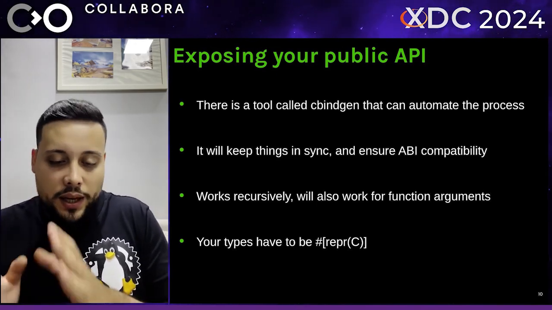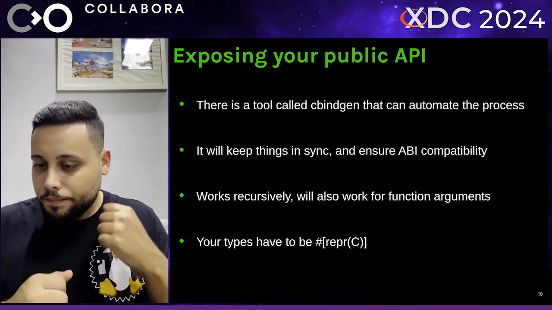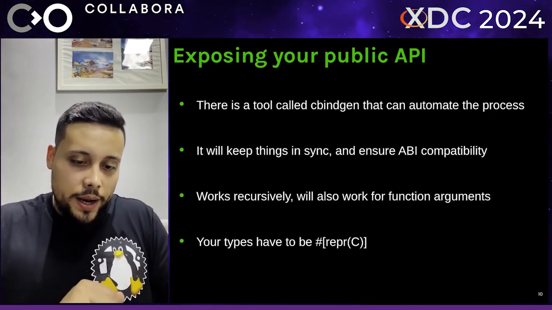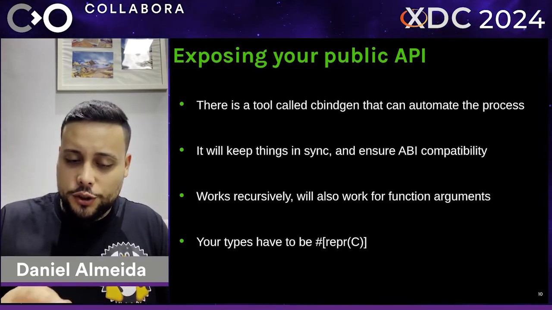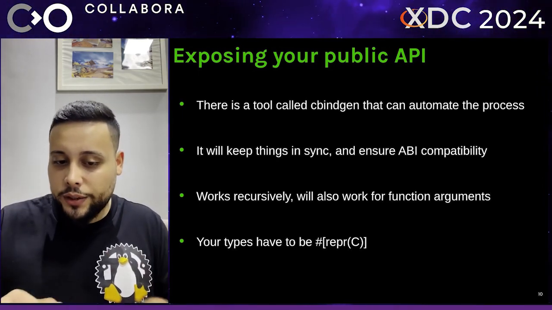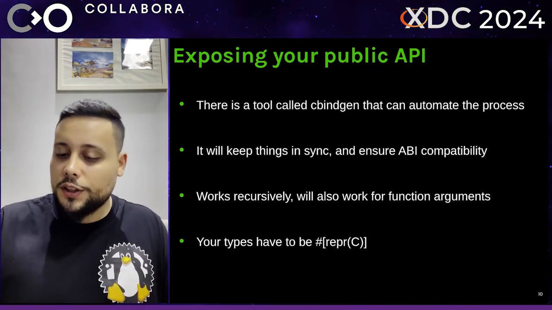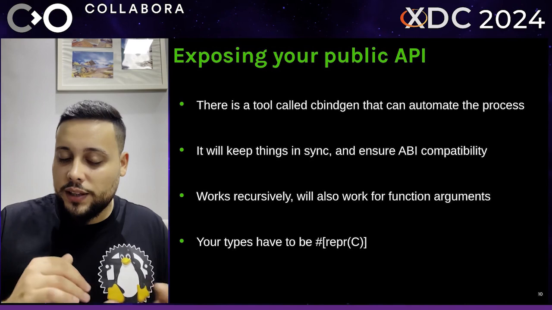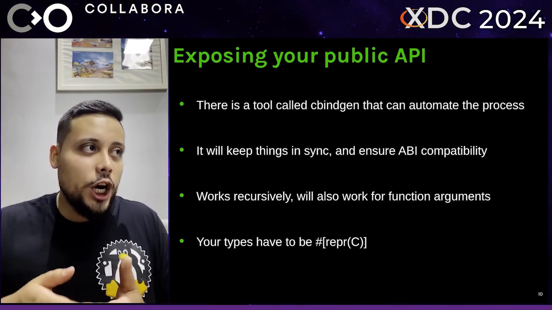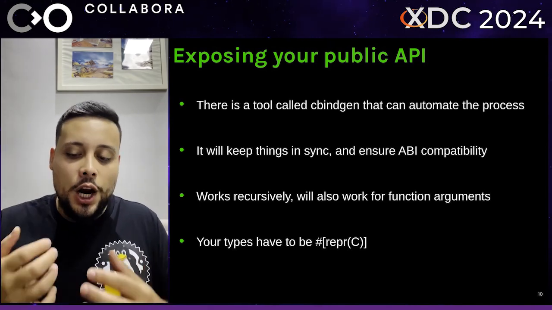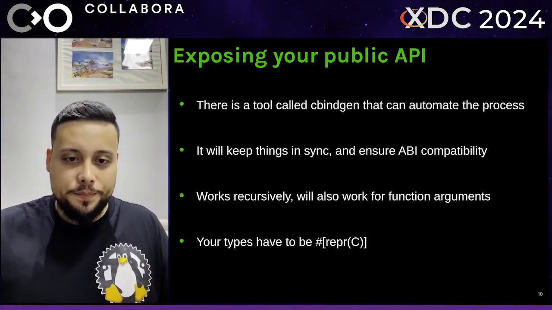And repr(C) basically tells the Rust compiler to lay out this type in memory exactly like a C compiler would, right? Because the default is repr(Rust), which is not stable, the two languages could not interop, they would not agree on how the type looks in memory. But if we use this repr(C) annotation on top, then the layout between Rust and C matches. And this means that we can share structures and share our enums between both languages completely fine.